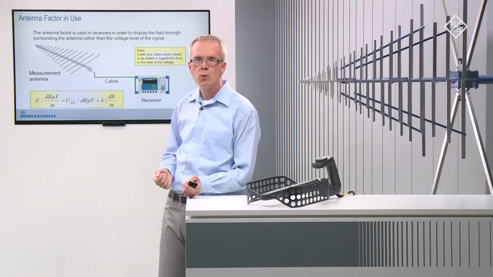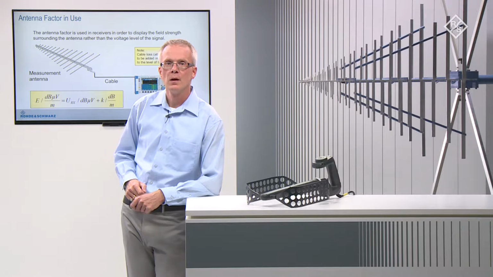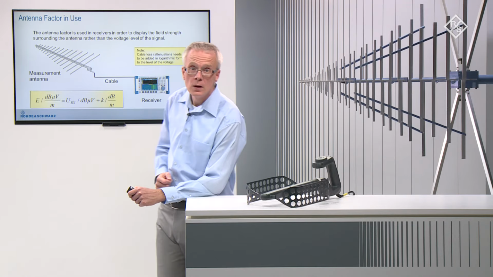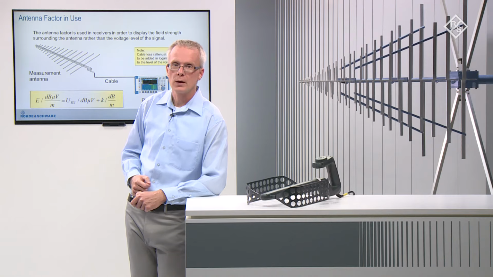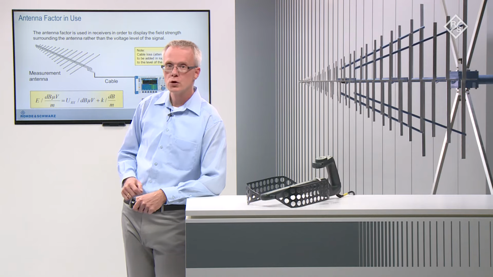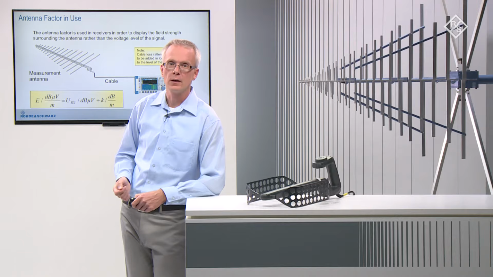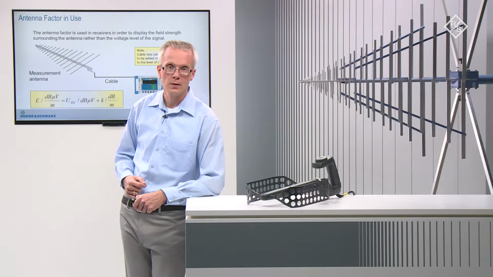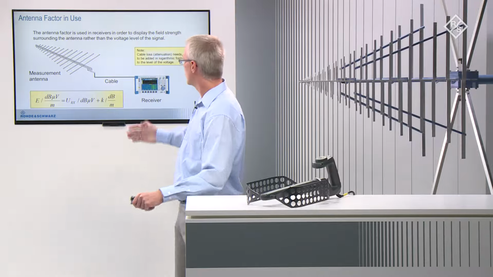So, for what purpose do we need the antenna factor? The antenna factor is used to determine the field strength surrounding an antenna. While the receiver can initially only measure voltage or power levels at its 50 ohm input, the antenna factor allows to easily calculate the field strength present at the antenna location, with a formula shown here at the bottom.